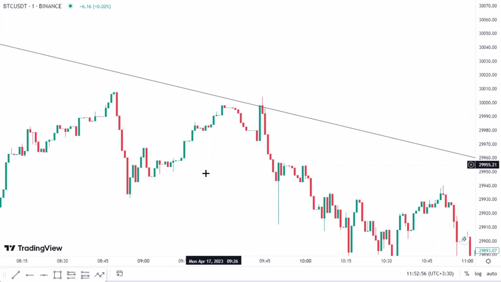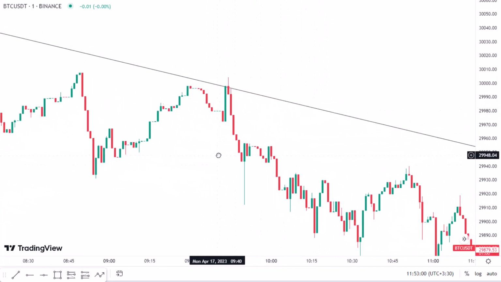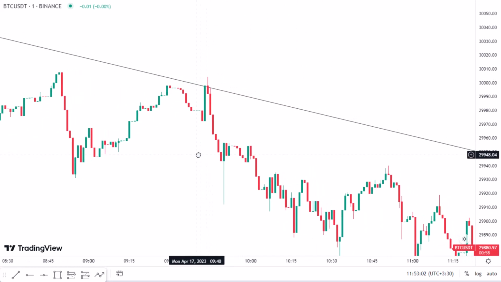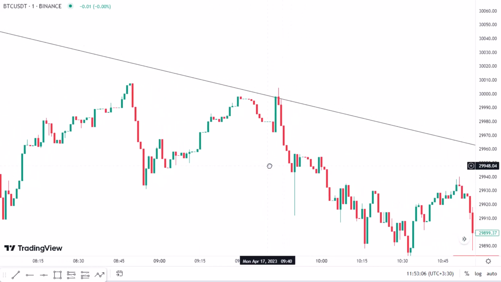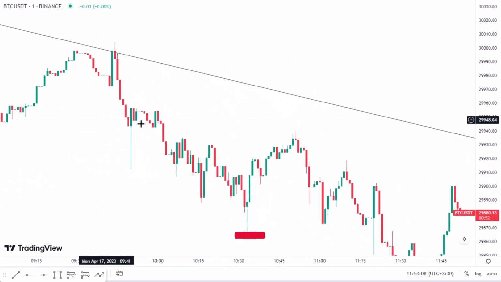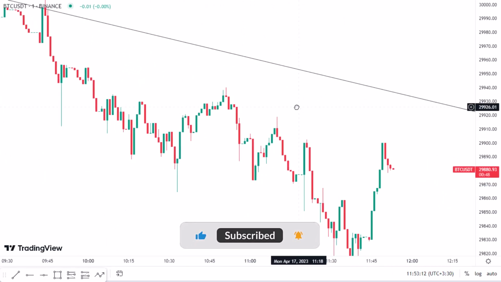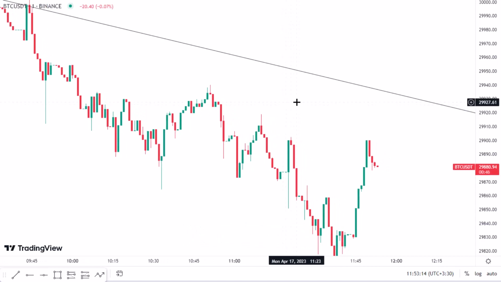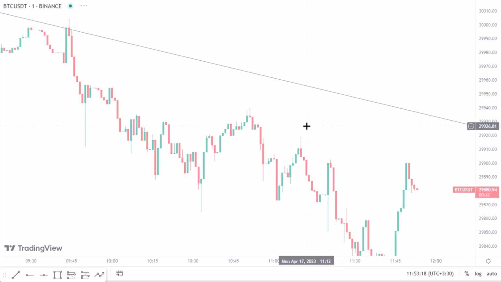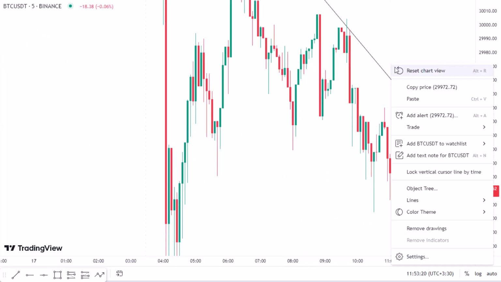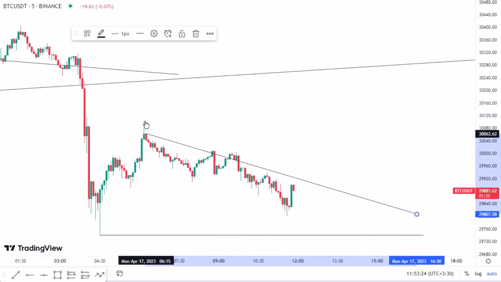But in forex, like gold, silver, or pairs like Euro USD and others, the candles in the 1-minute time frame are clear, so we can analyze them and trade them. But in crypto, the 1-minute time frame is really noisy. Sometimes it is okay, but sometimes it is exactly like what we see.